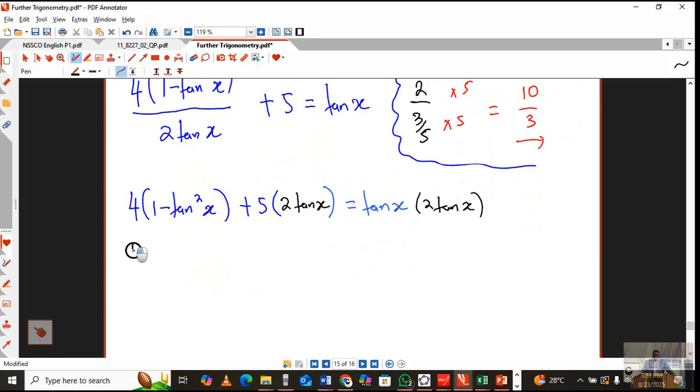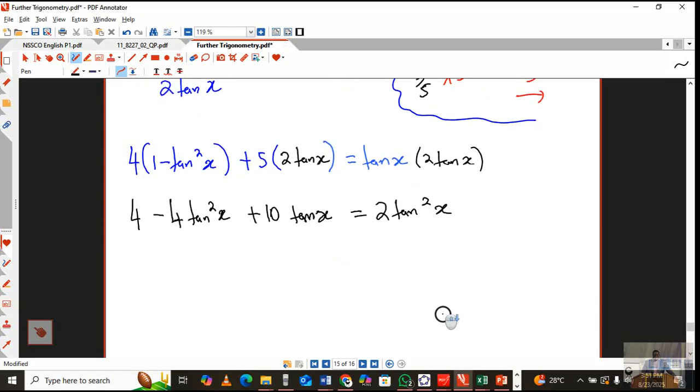So this is nothing but 4 minus 4 tan square x plus 10 tan x equals 2 tan square x. Tan x times tan x is tan square x. Right, so what do we have? We've got negative 4 tan square x. Now I'm going to collect my like terms.